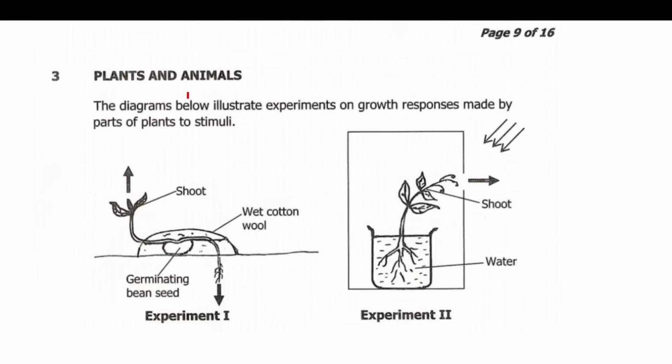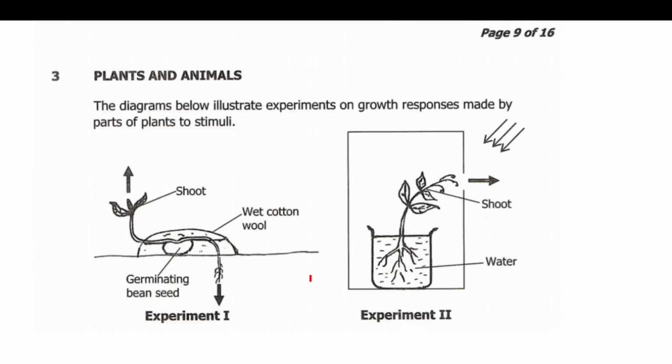3. Plants and animals. The diagrams below illustrate experiments on growth responses made by parts of plants to stimuli. So we have a plant here which is growing, and a plant here covered in something with a small opening through which light reaches the plant. So this is experiment 1.